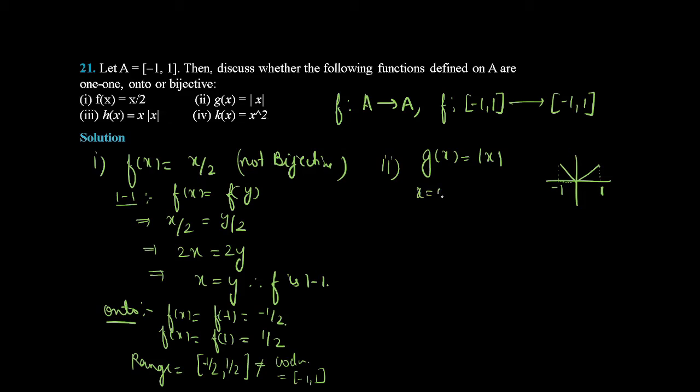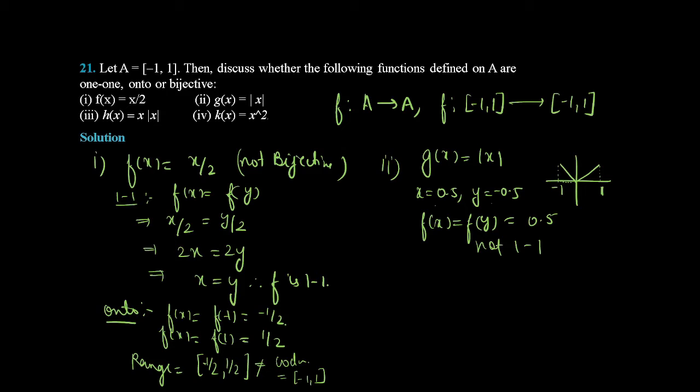For x is equal to 0.5 and y is equal to -0.5, x is not equal to y, but fx and fy are both 0.5. Right, so that means it is not a one-one function.